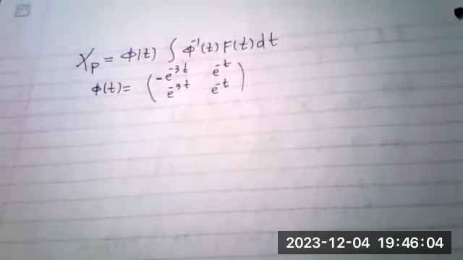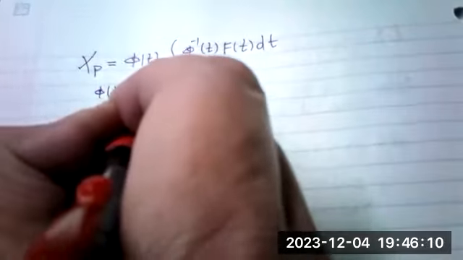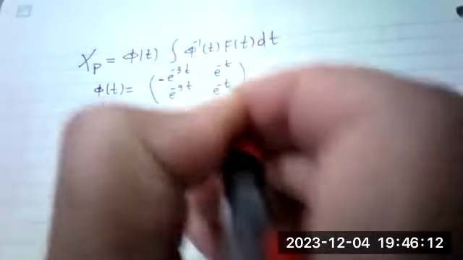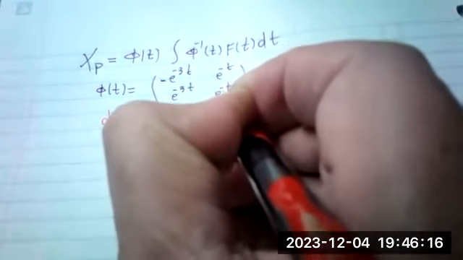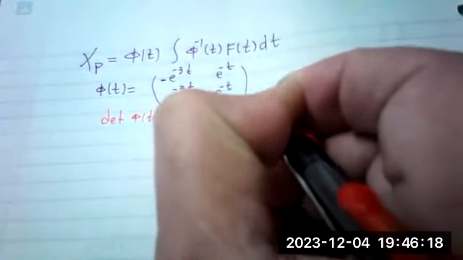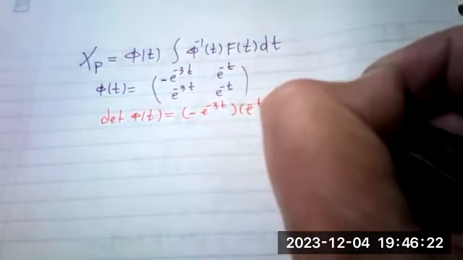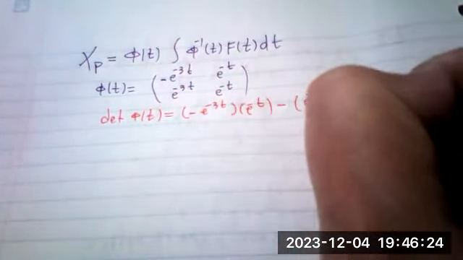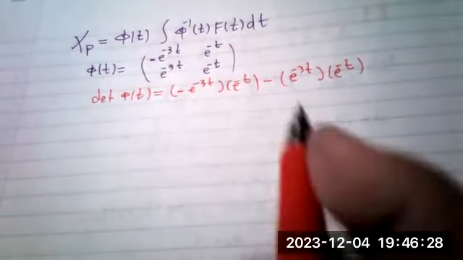So we have to find the determinant first. What's going to be the determinant of Φ(t)? Cross multiply. It's going to be negative e to the negative 3t times e to the negative t minus e to the negative 3t times e to the negative t. Remember, when you multiply, we add the exponents.